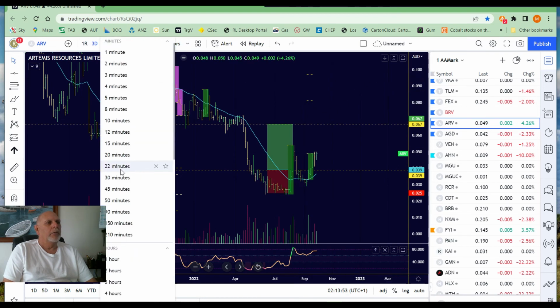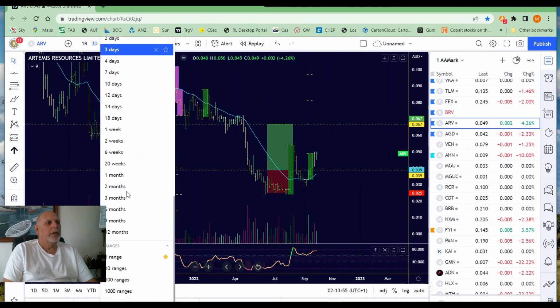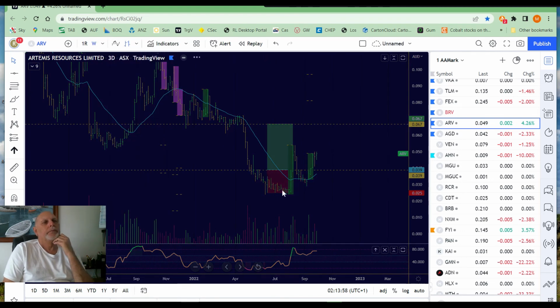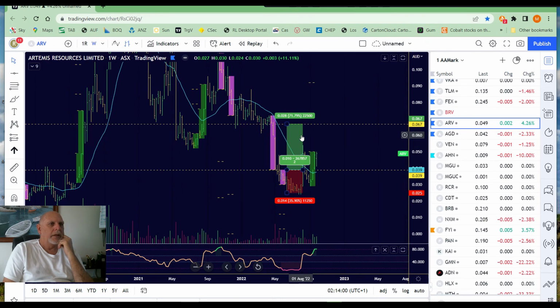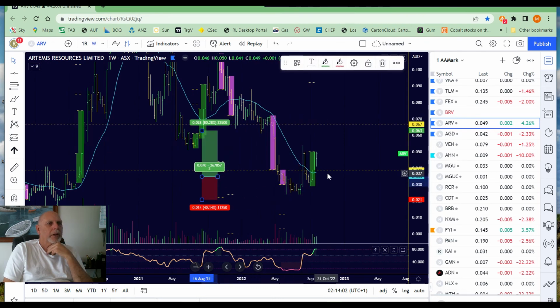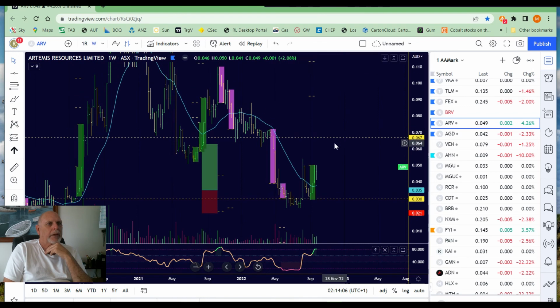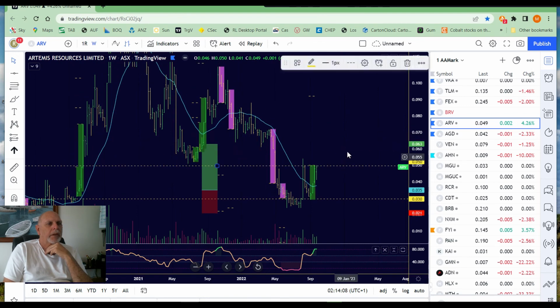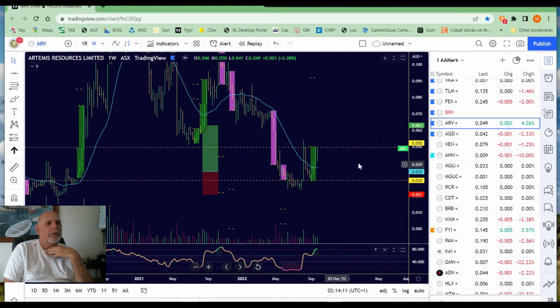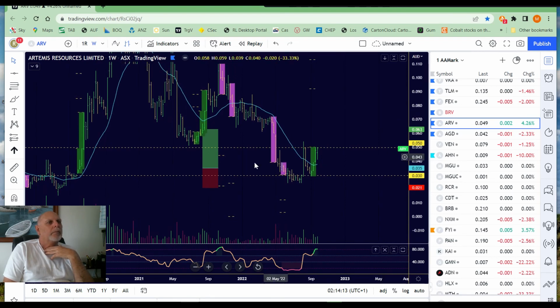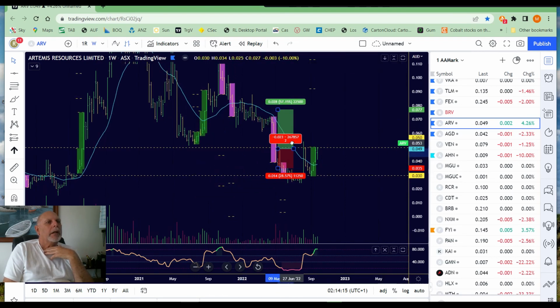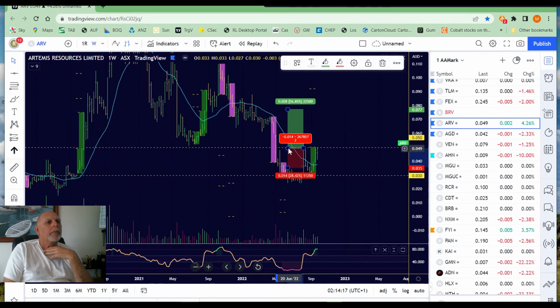If we look at that on a weekly chart, go out even wider and have a look at it. We've got nothing on the first wave, but we've got this one in here, right? And there to there, and it has a drawback there, so there's still quite a good scenario.